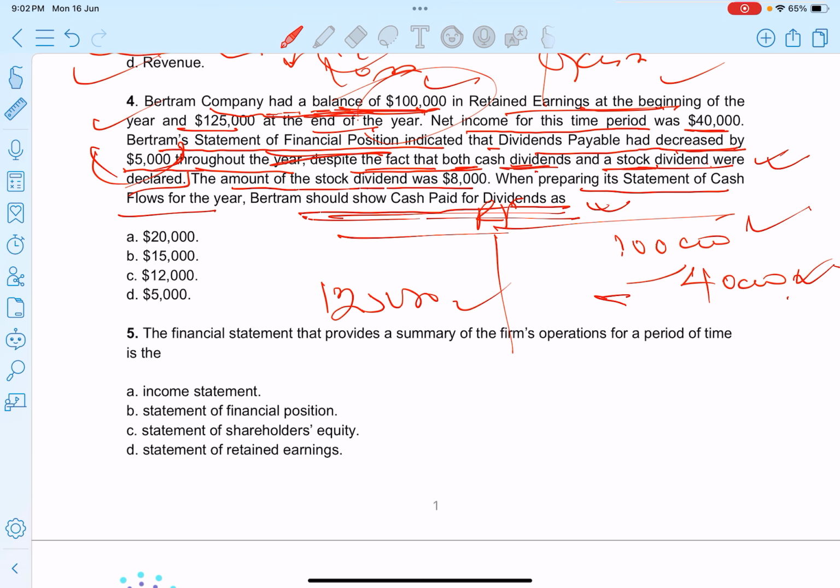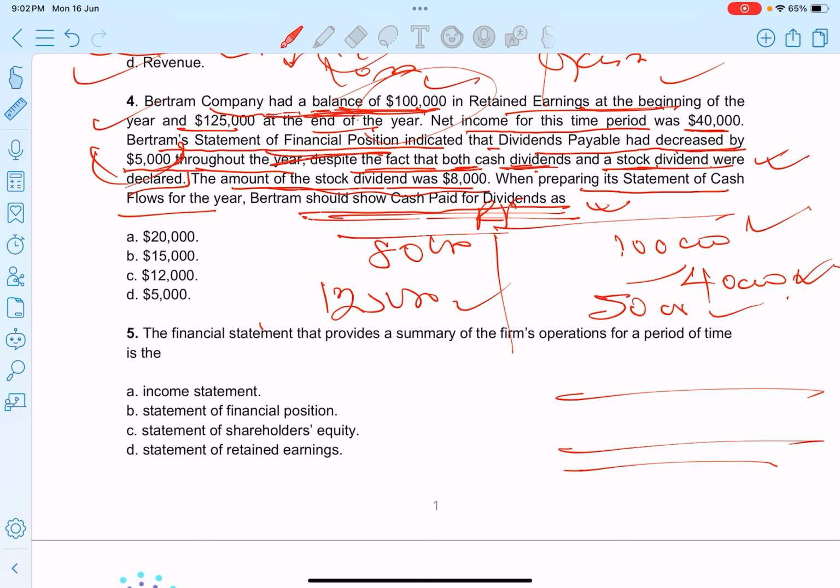Now we have a stock dividend of 8,000. So let's balance these transactions and find out the cash flow: 100,000 plus 40,000 plus 5,000 minus 8,000 minus 125,000.